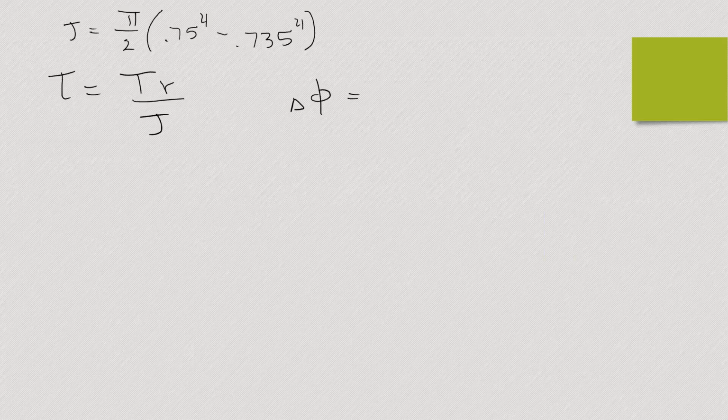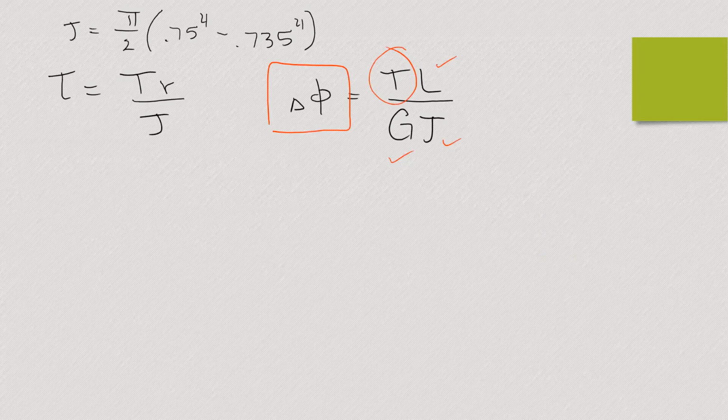So delta theta equals, perfect. So we have two equations here. We know our change in rotation. We know the length, we know G, and we know J. Then we can back solve for the torque. Once we know the torque, we can plug that in over here with R and J, and we can get the shear stress, which is what we really want. So do we have a value for J?